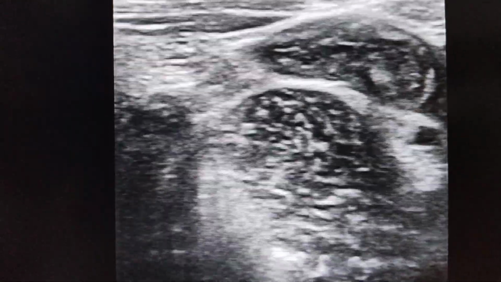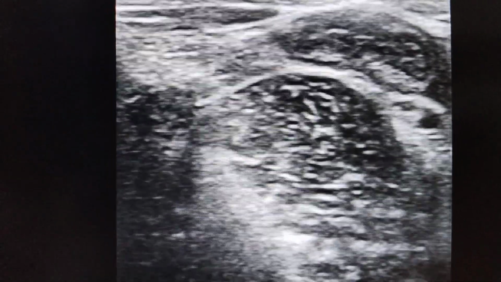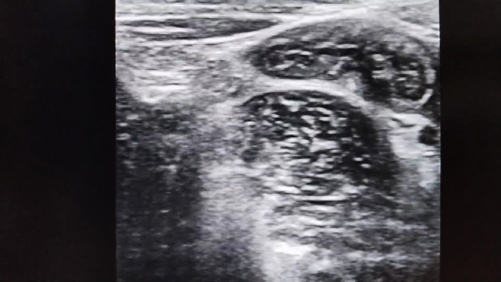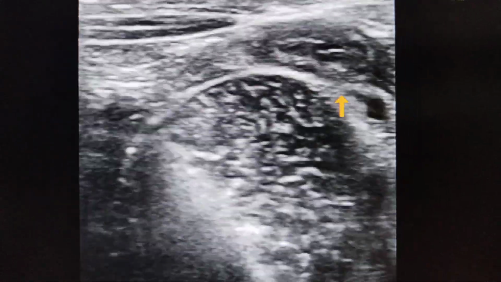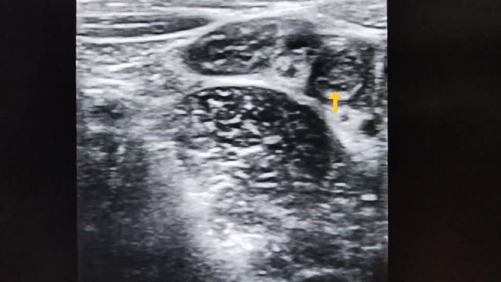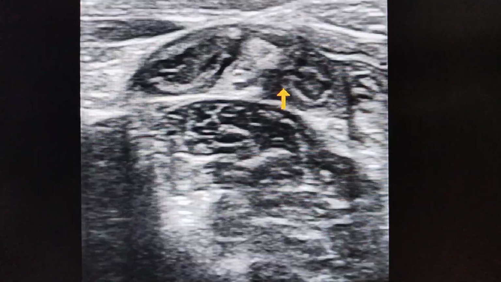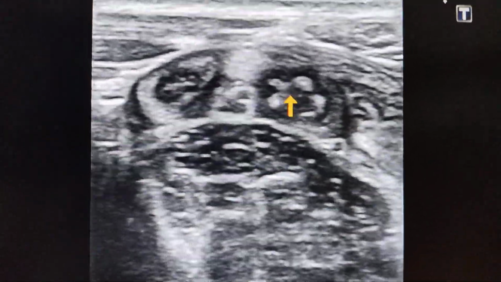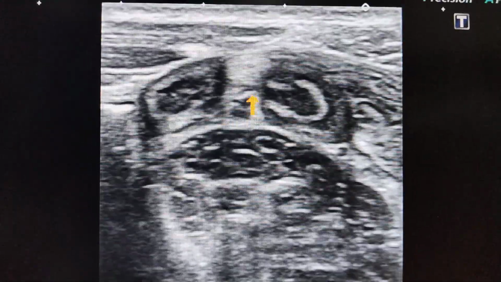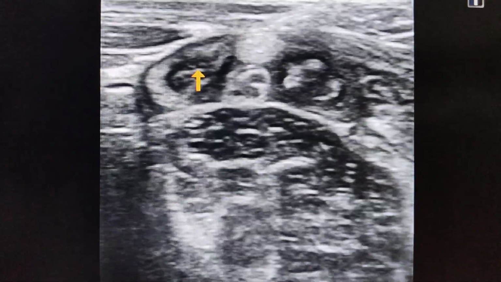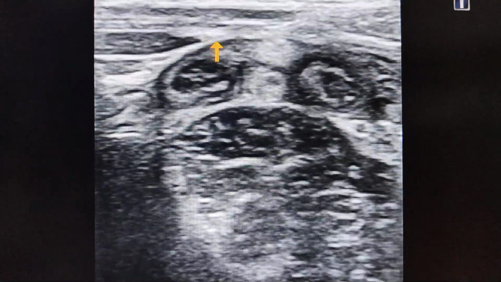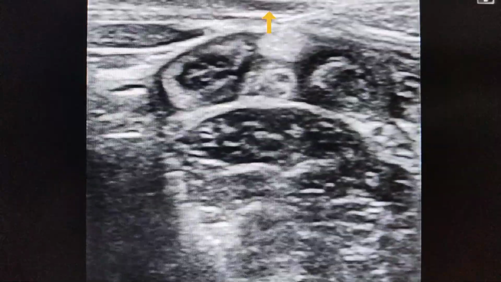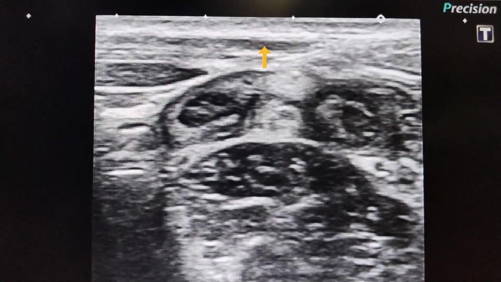So this is the McBurney point I have reached, and here we can appreciate this one. This is the appendix. You can appreciate how it is located superficially.